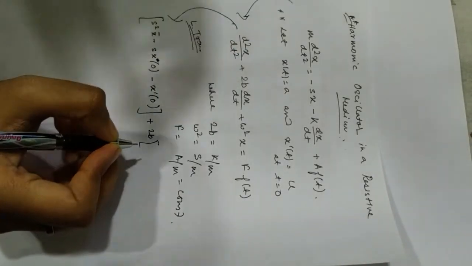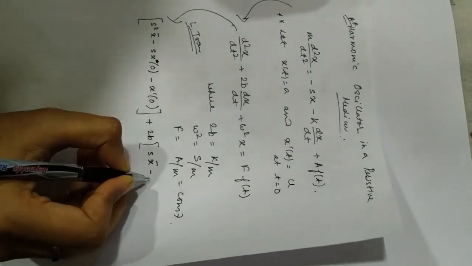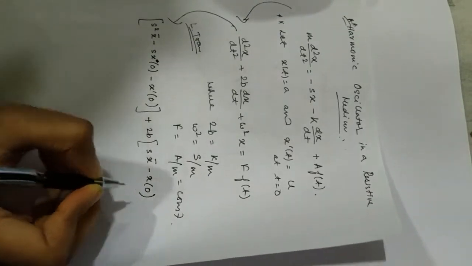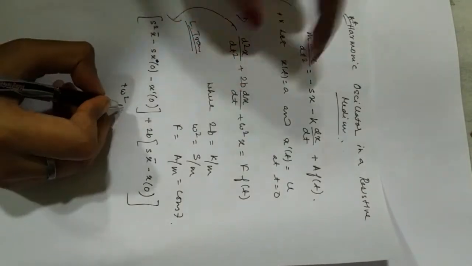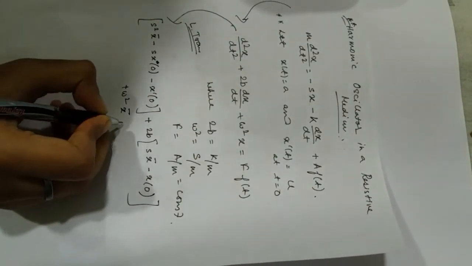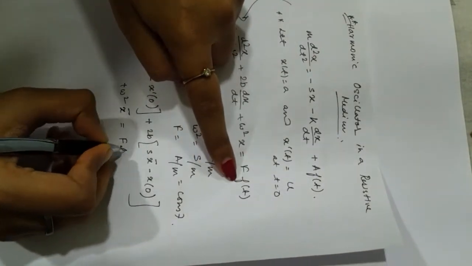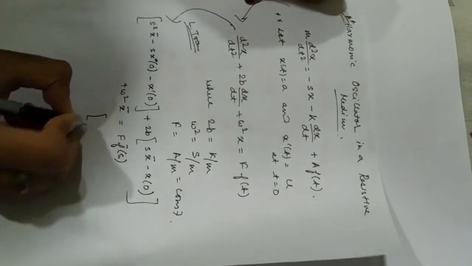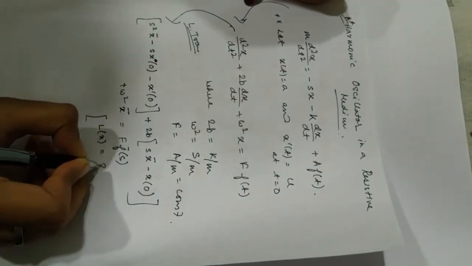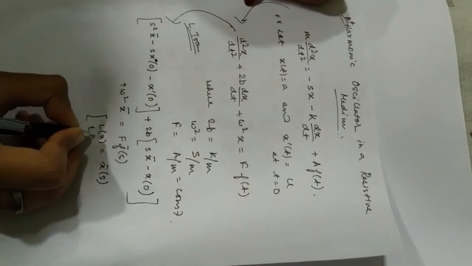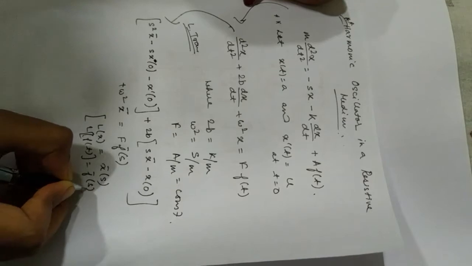Over here you have the first derivative, so you get s x bar minus x 0, right? Plus omega square, Laplace transform of x is x bar, is equal to f, and let the Laplace transform of f(t) be f bar s, right? So where we have considered that Laplace transform of x is equal to x bar s, and Laplace transform of f(t) is equal to f bar s.